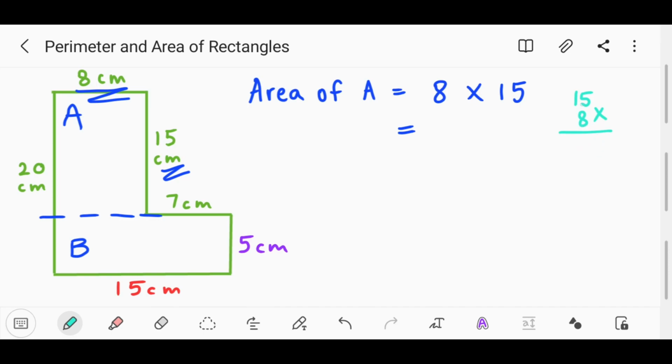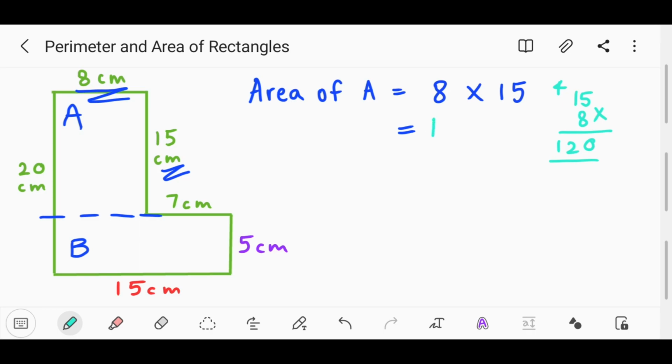So 8 times 5 is 40. I'm going to write 0 and carry forward the 4. And 8 times 1 is 8. And 8 plus the 4 that has been carried forward is 12. So 15 times 8 is 120.